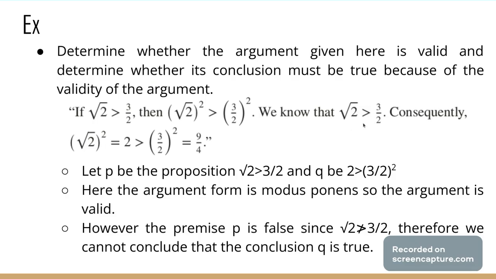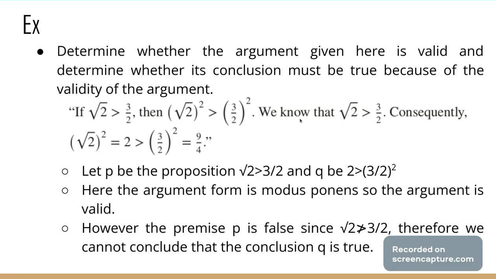Is that true actually? Is this statement a true statement? Square root of 2 is 1.414, etc. 3 by 2 is 1.5. Is 1.4 greater than 1.5? The statement itself is false. So P is false in this particular case.